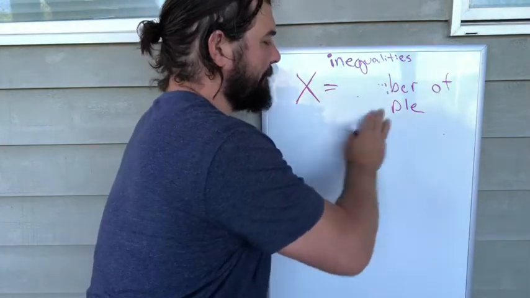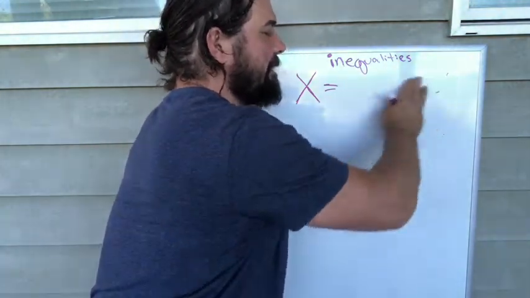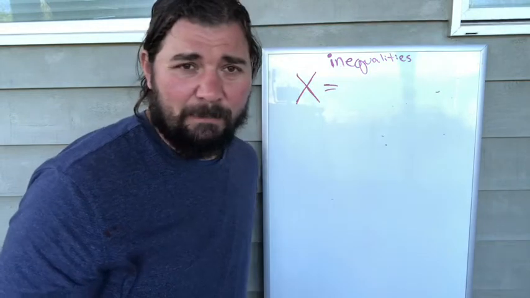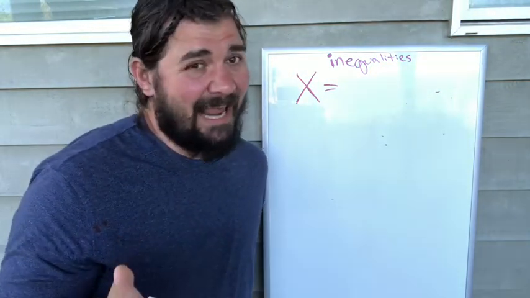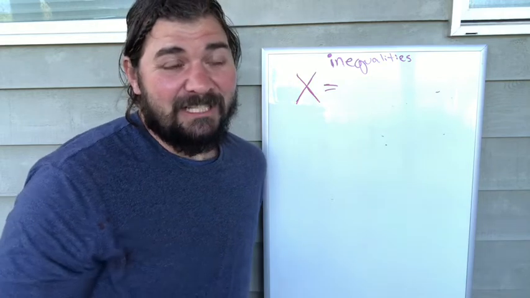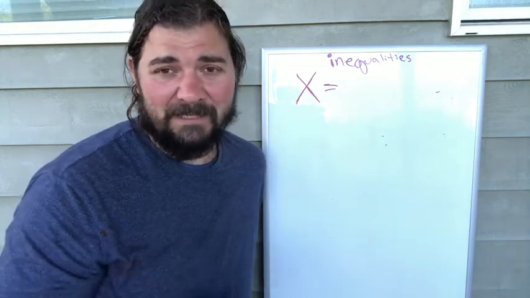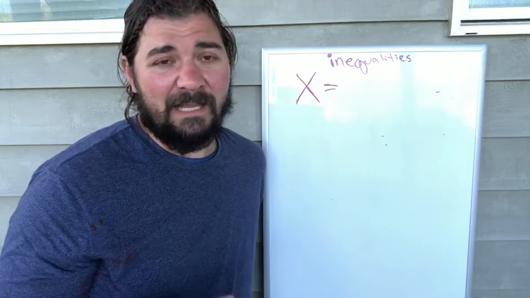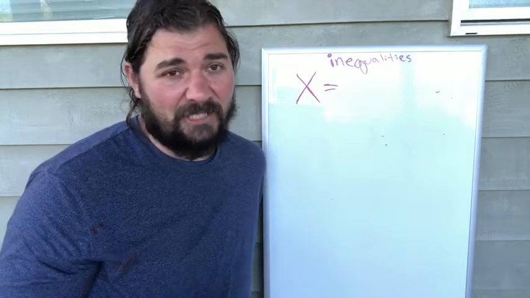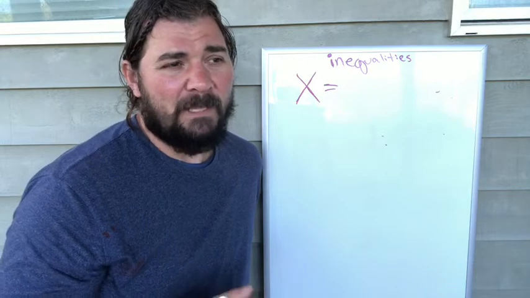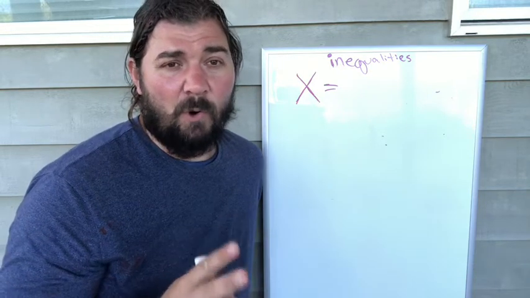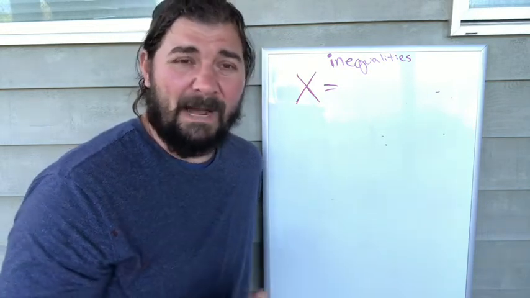Let's try a different one. So I'm at the dinner table with my daughter last night, and she wants to be done, but she hasn't eaten all of her vegetables. She's got some broccoli left on her plate. Now there happens to be more broccoli than she's willing to eat, and she's very full. So I look at it and I think, okay, well, you have to eat 4 or more bites of broccoli.